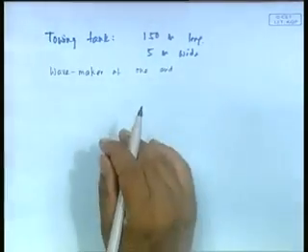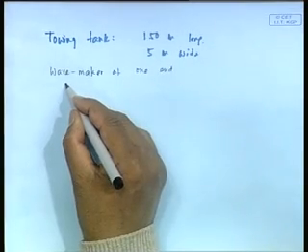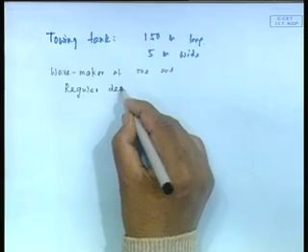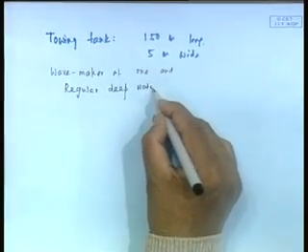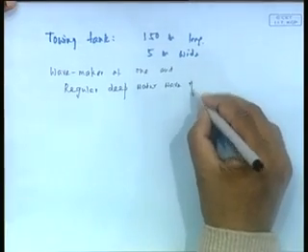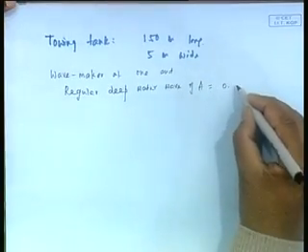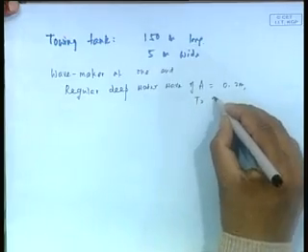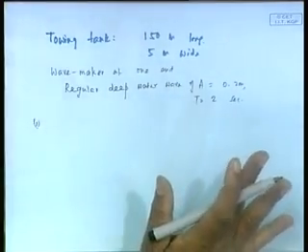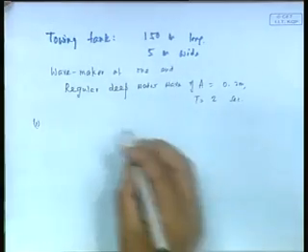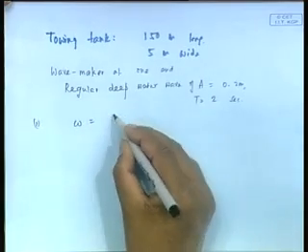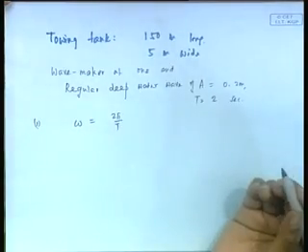Let us say the problem says that we are making a regular wave, and T equal to, well, a very simple problem, find out omega, which of course is absolutely simple, we do by this, 2 pi by T.